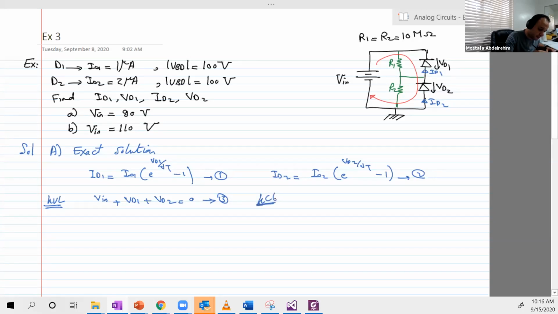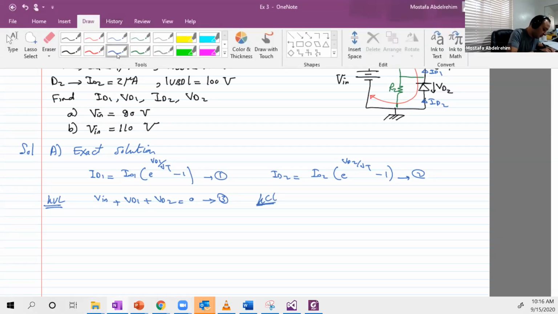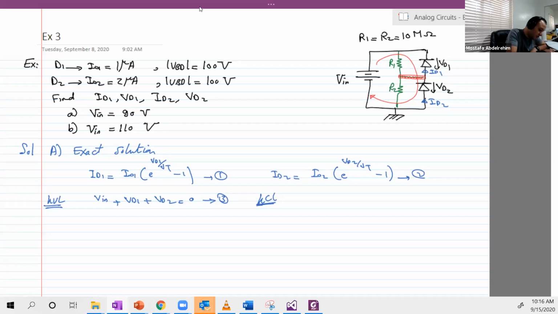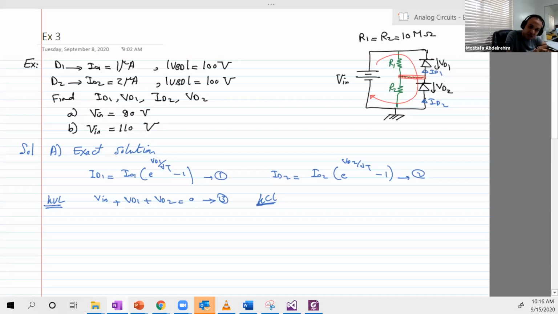So we have here a node, this node here. And this node has 4 currents going out and in to it. So from KCL, let's see which are output and which are input at that point.